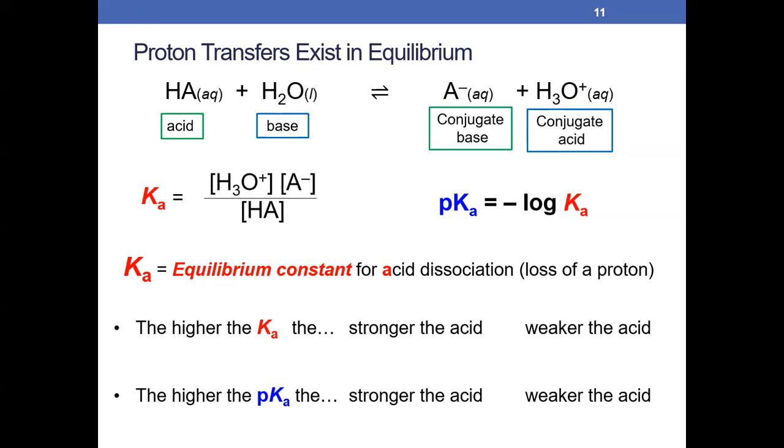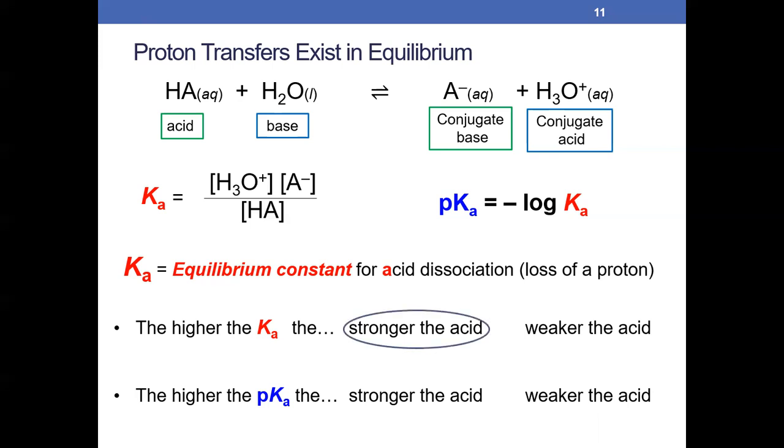So how do I apply that to Ka and pKa? What do we think for our Ka? If I have a higher Ka value, do I have a stronger acid or a weaker acid? Or another way to say this: as I increase my Ka, is the acid becoming stronger or weaker? And why? Stronger, yeah, why?